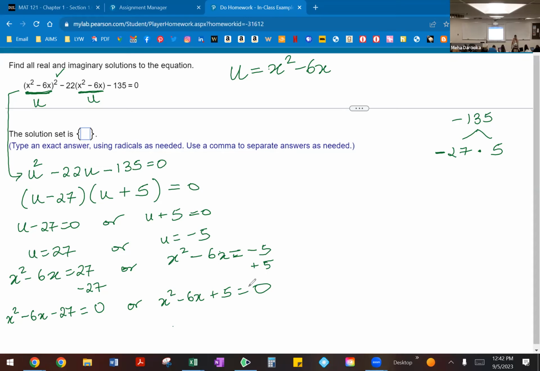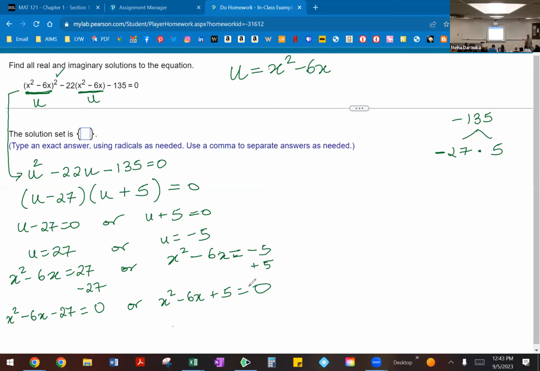Since this one is negative 27, you have to have opposite signs. Yeah, that works.